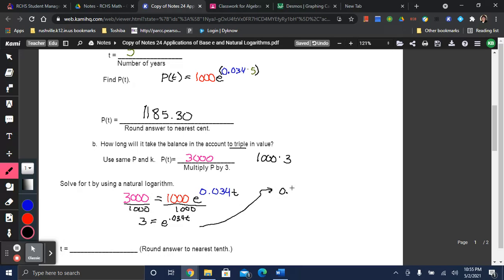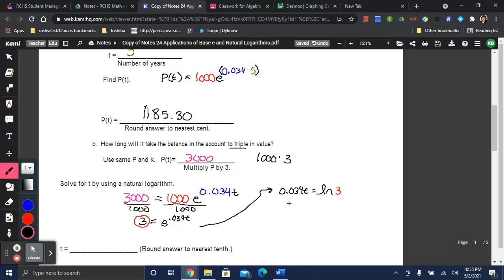So the exponent 0.034t equals, and then to get rid of the e, use natural log, and we're doing the natural log of 3.